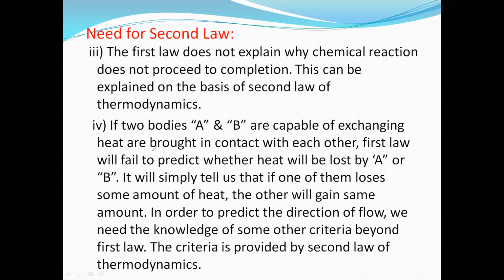When A loses heat, B gains it, or when B loses heat, A gains it. So it does not say that A is losing the heat and B is accepting it. In order to predict the direction of flow, we need some other criteria beyond the first law. This criteria is provided by the second law.